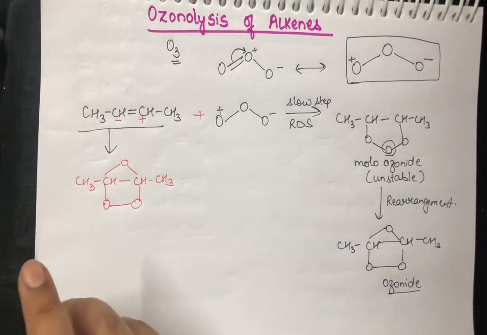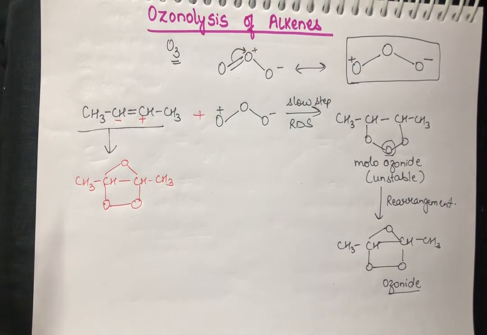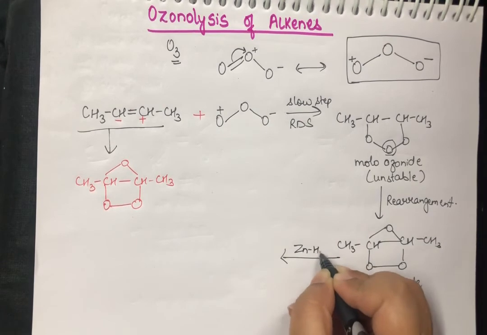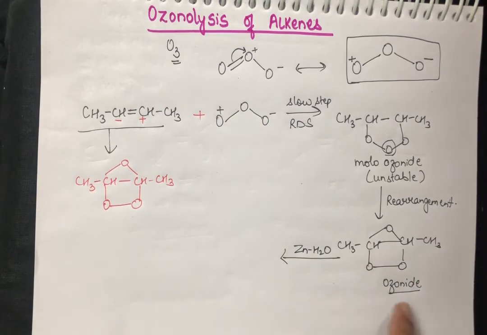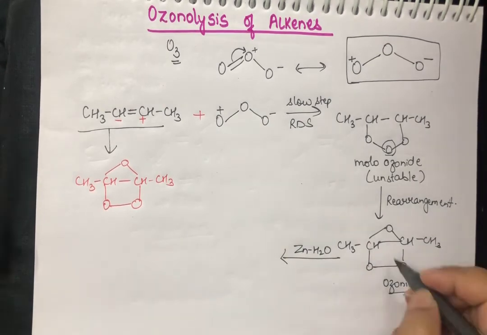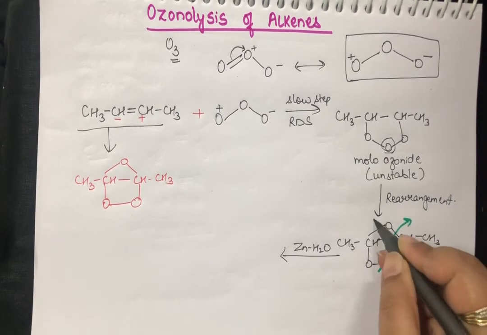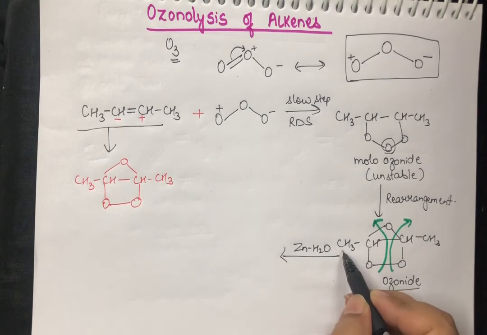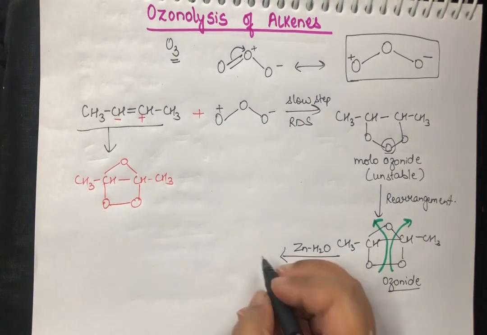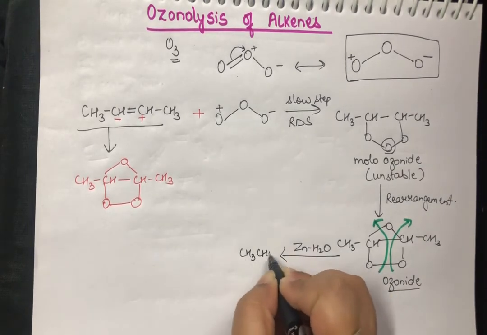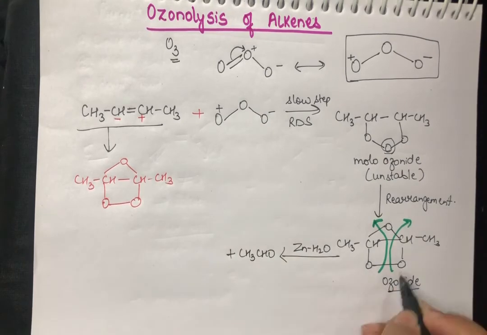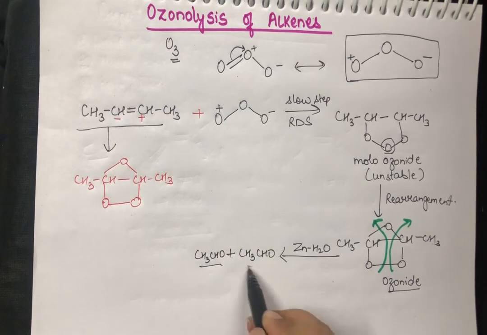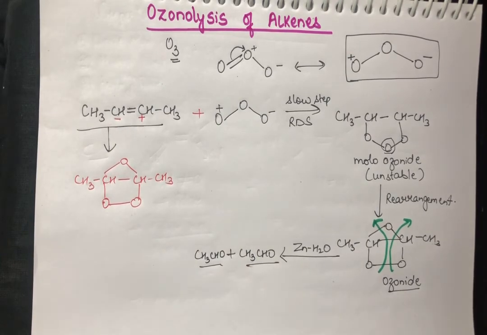Now when you treat it with zinc and water, this ozonide will break from here. The moment it breaks like this, you will have a CH3CHO molecule plus a CH3CHO molecule here. And these will be your products of ozonolysis.